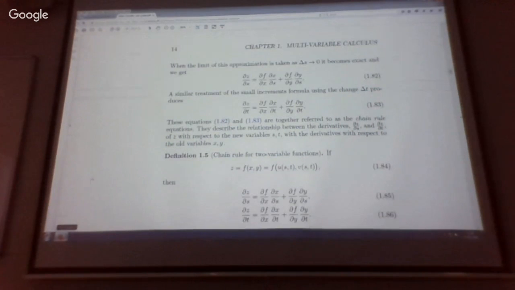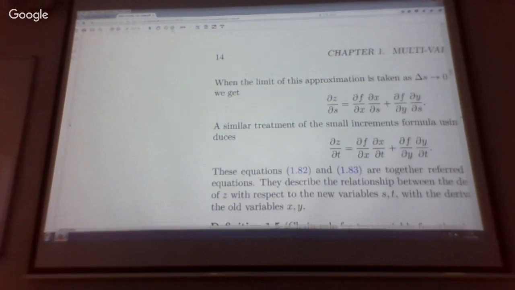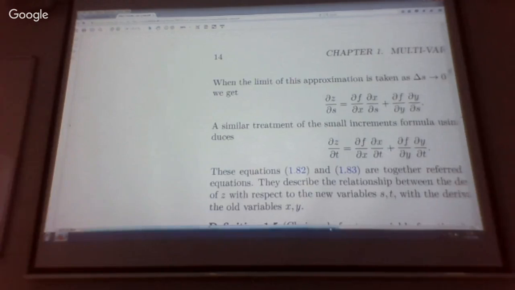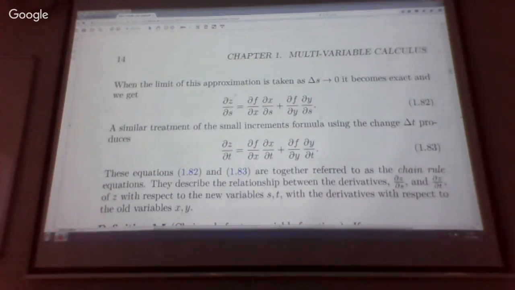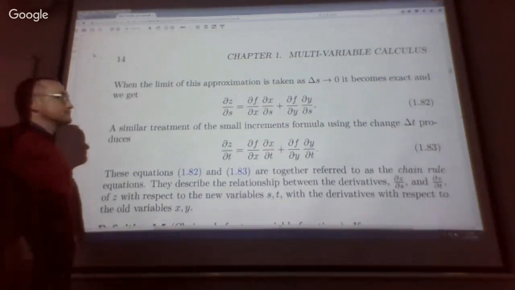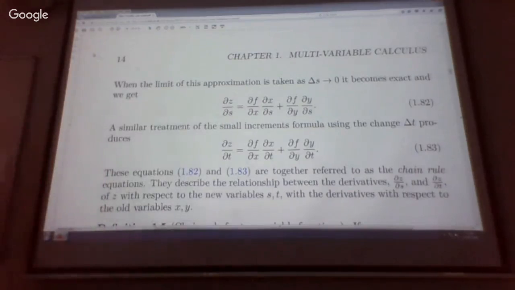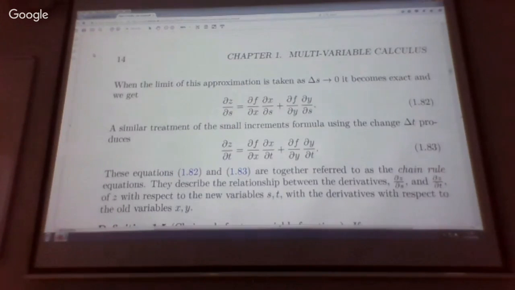And then we take the limit as delta s goes to 0. Remember, we're after expressions for partial derivatives here, with respect to s, so we should be taking a limit of this as delta s approaches 0. And what we had on the left-hand side of this approximation was delta z over delta s.